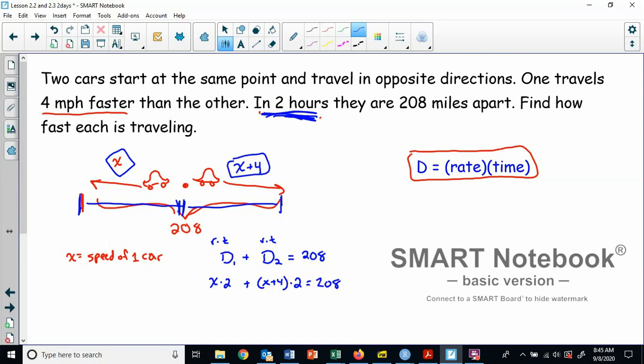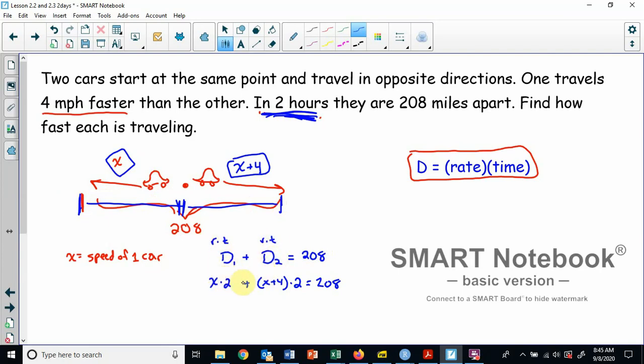Okay, so I'm going to stop for a second and make sure you are with me. This all comes from understanding that distance is equal to a rate times time. The only way I have to relate these two cars is that I know they traveled apart. So if I add their two distances together, it should equal 208. And then I say, okay, distance, that's rate times time.